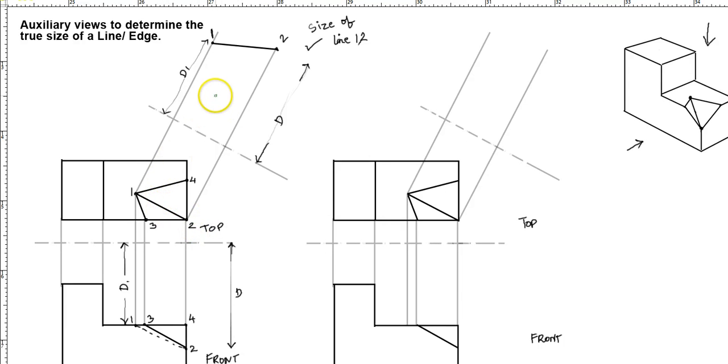I'm going to be looking in a direction that is perpendicular to that line, which is this one. I'll draw my reference plane, which is parallel to that line, and then just measure the distances and project it. So it is as easy as that.